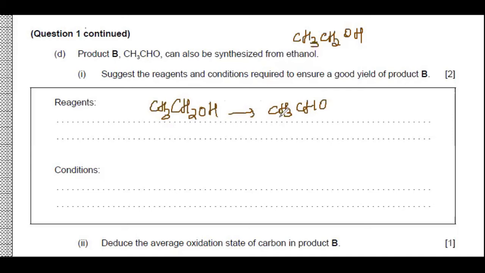Any of these oxidizing agents will do, but there is a problem in this oxidation. If we don't do this reaction carefully, the oxidizing agent will convert the alcohol to the aldehydic functional group, but the reaction doesn't stop there. It will further be oxidized to the carboxylic acid, which is ethanoic acid.